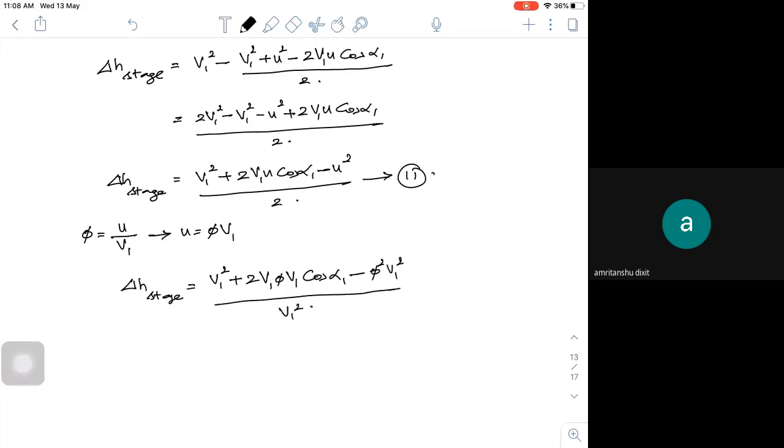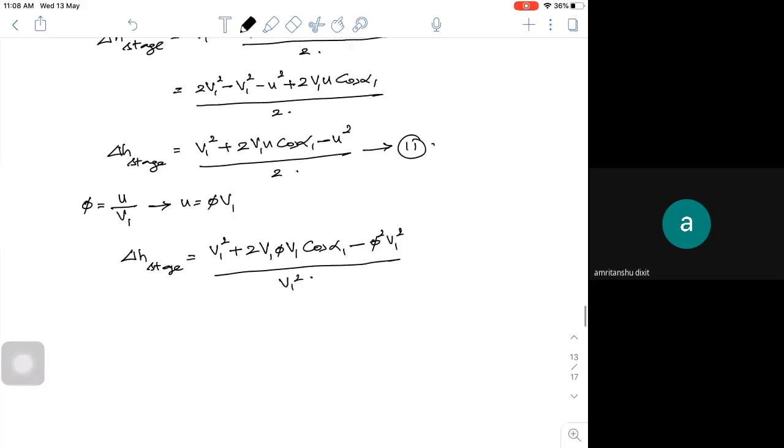So I can take V1 square outside and 2 outside. So delta H stage is equal to 1 plus 2 into phi cos alpha 1 minus phi square.